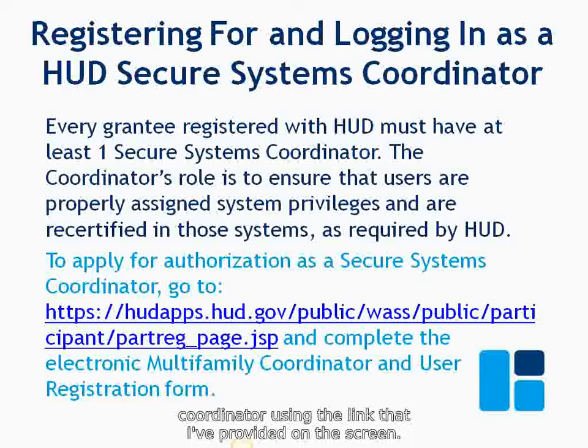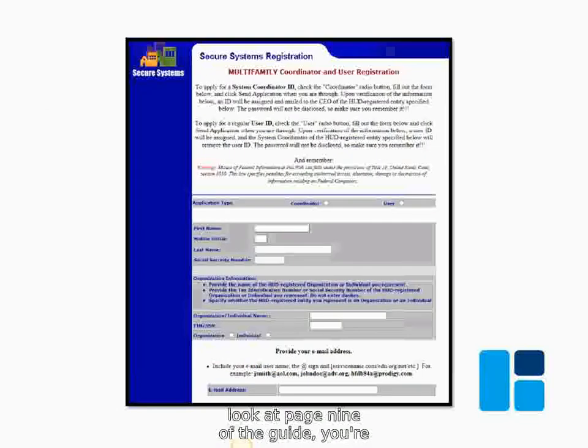Once you click on this link, if you look at page 9 of the guide, you're going to see this user coordinator and user registration form. The same form that's completed online is done for coordinators and users, but obviously coordinators need to do this first because at initial setup, everything is going to go to the coordinator. So you've got to get your coordinators established first.